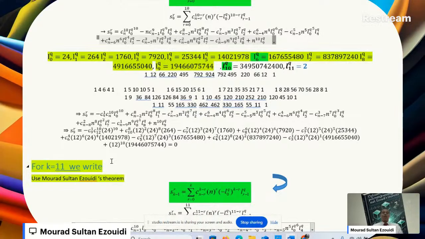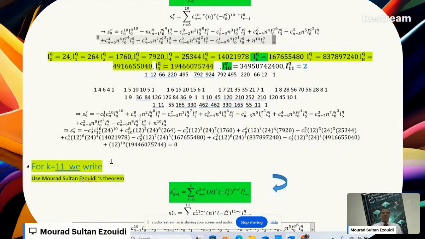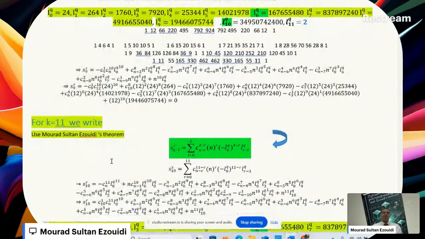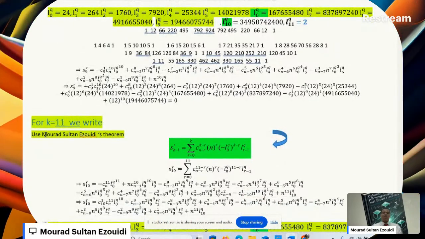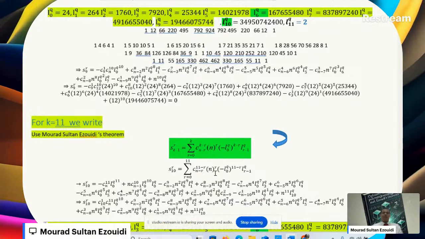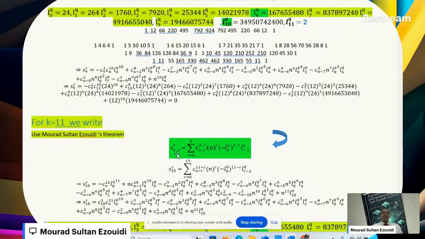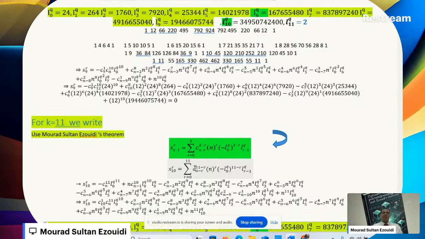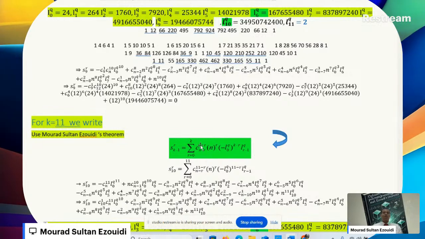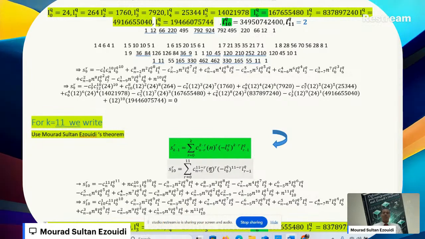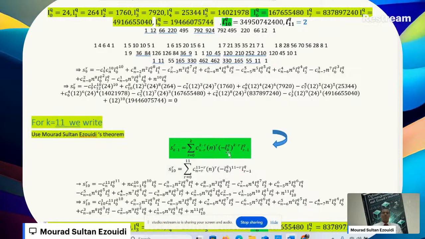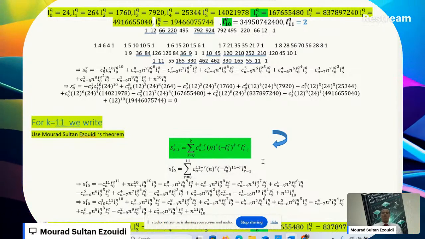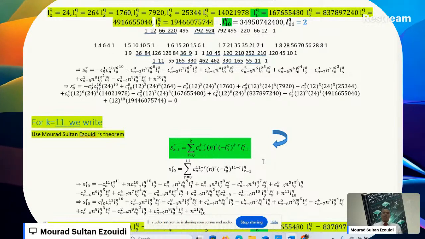Now let's dive again into the structure. I'm going to set k equal to 11 in the Ezouidi theorem, and I'm going to find S10, because 11 minus 1 gives S10. K is 11. Combination n minus r to k minus r is equal to 9, n raised to the power this one here. Minus 0 to the power k minus r will be 11 minus r times the coefficient of the original units.